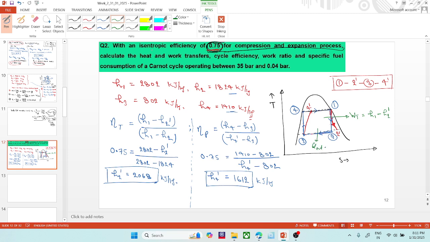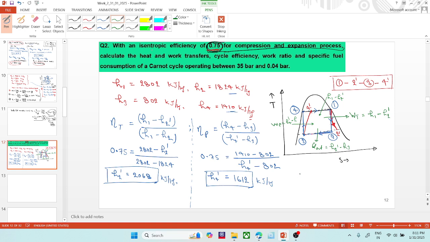Q out would be H2 dash minus H3. This pump or compressor work would be H4 dash minus H3, and this heat supplied would be H1 minus H4 dash.